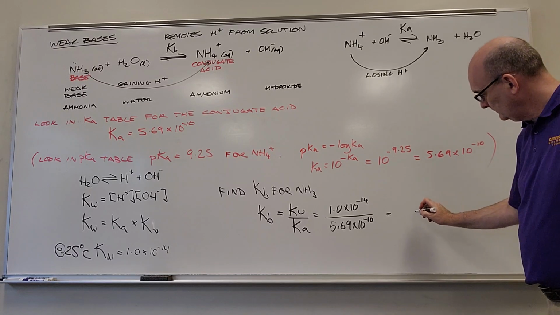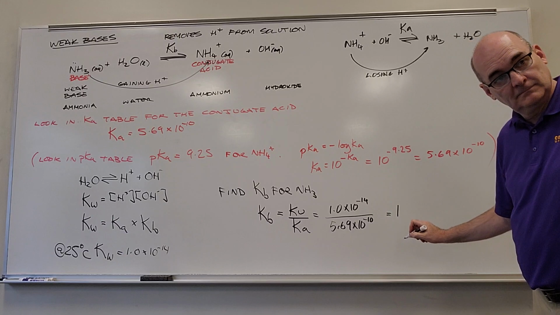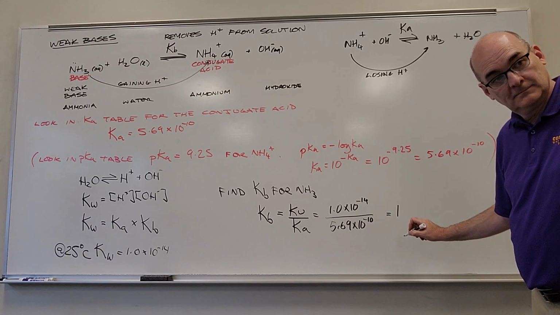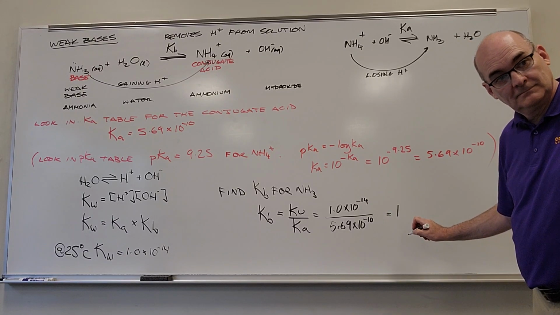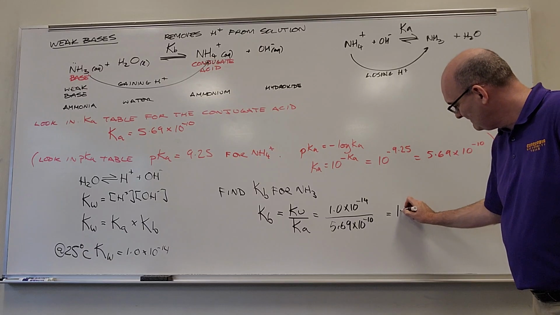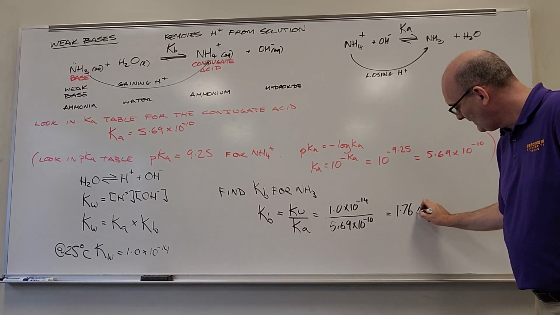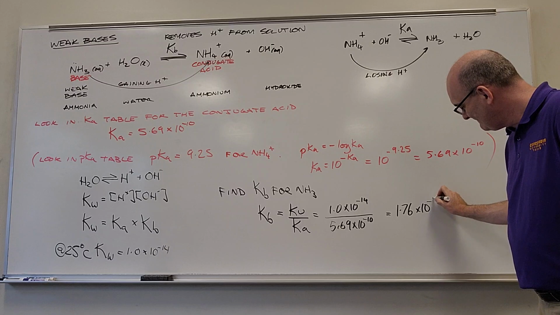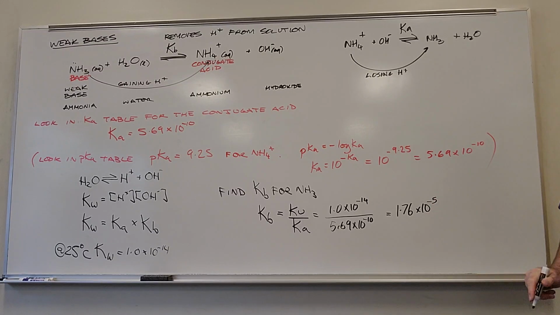I want 1.76 times 10 to the negative 5. We need to look at your calculator and make sure that you're doing the right thing.